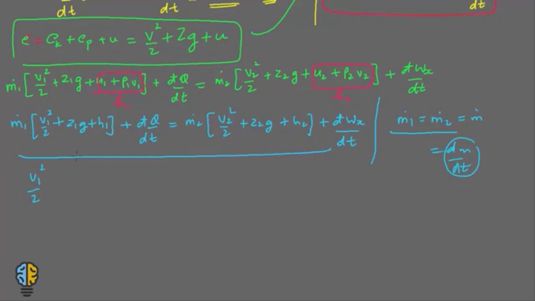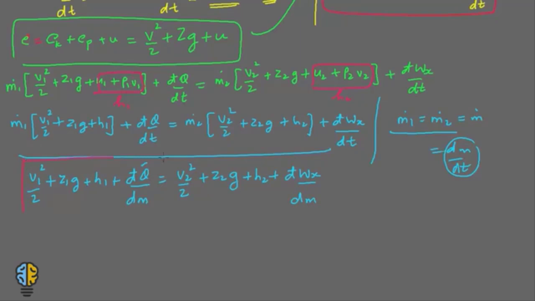v1 square by 2 plus z1g plus h1 plus dq by dm. Now this is the heat exchange per unit mass. This is equal to v2 square by 2 plus z2g plus h2, and then you would have the work done per unit mass.